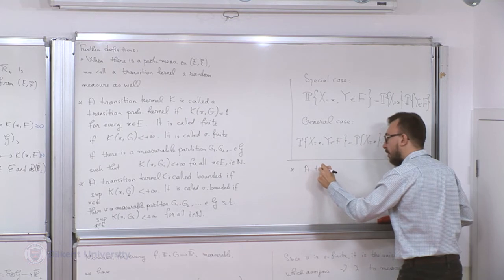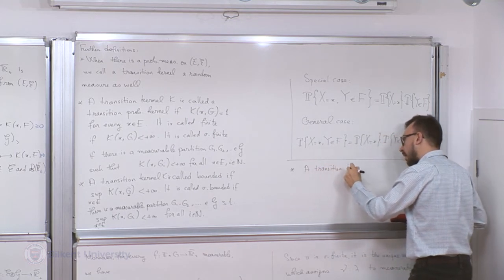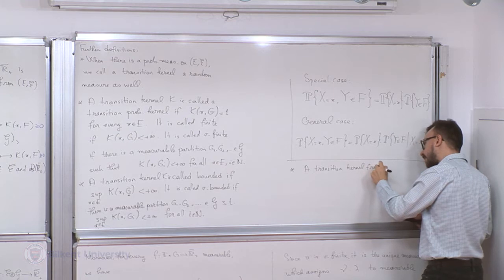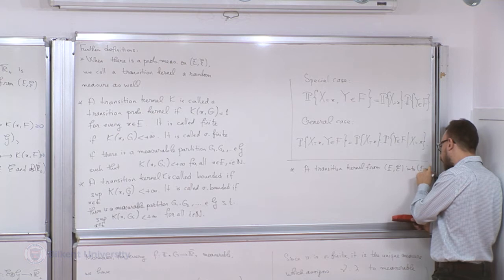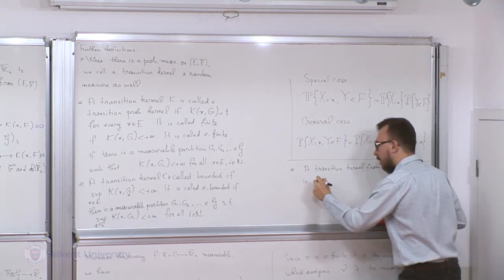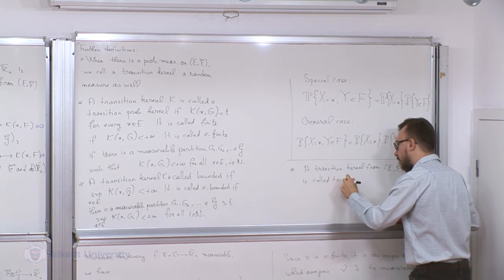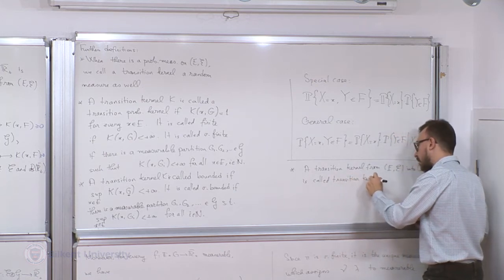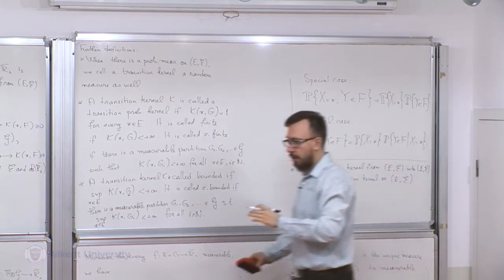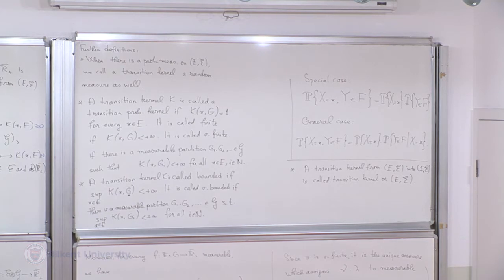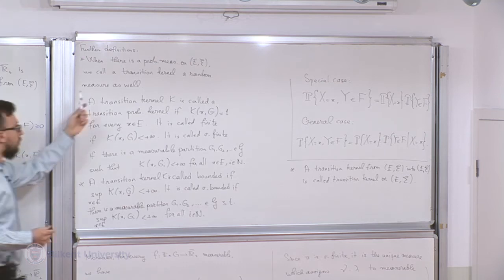So a transition kernel from a space into itself is called a transition kernel on E, script E. So if it's from E to E, we just call it a transition kernel on E. So this is just a bunch of definitions.